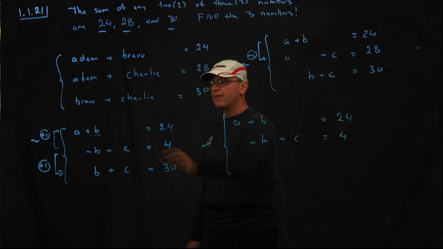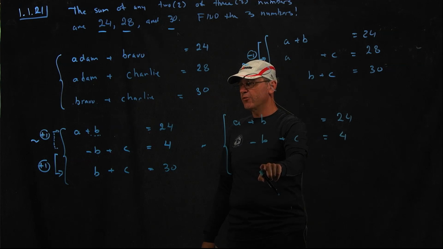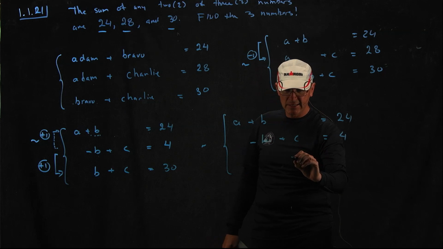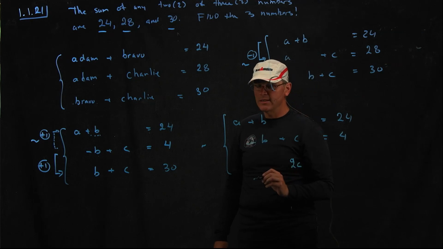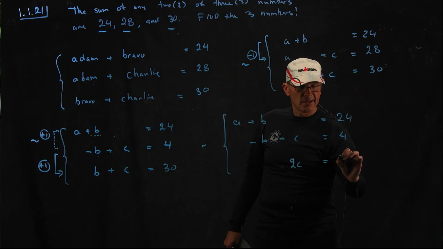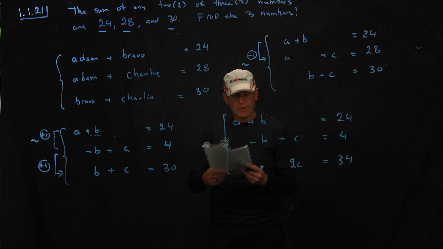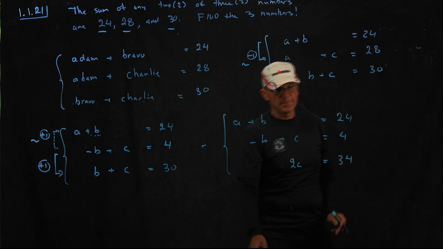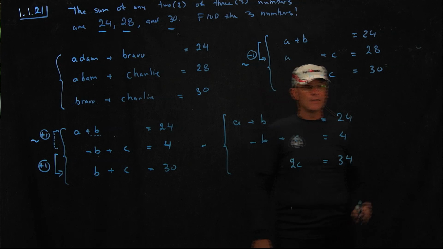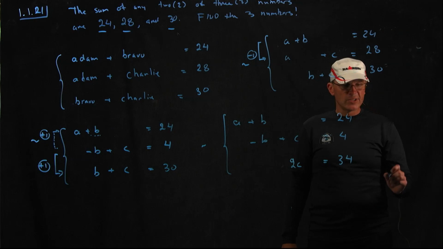Then we have added negative b to b, so that goes away. We're adding c to c, so we have 2c, and we have 34. Okay. So then, what do we do?